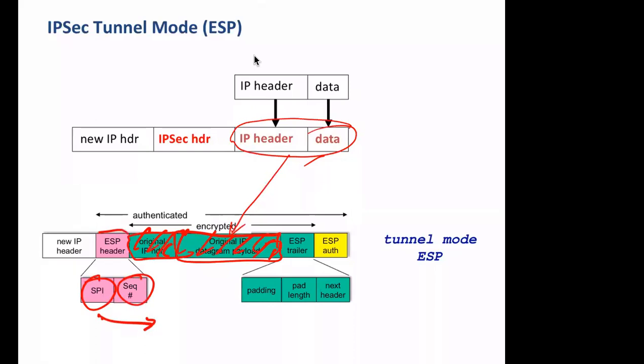Now the question I'm asking is, why is the ESP header not also encrypted? Anyone? Just think. Because then we won't know the SPI. Yes, very good. Bob's machine cannot find out how to process it. All right, so this we have seen.